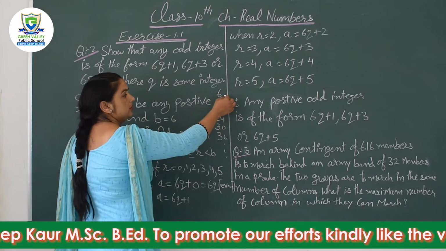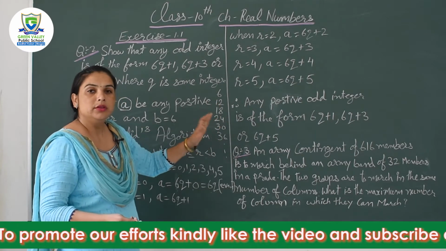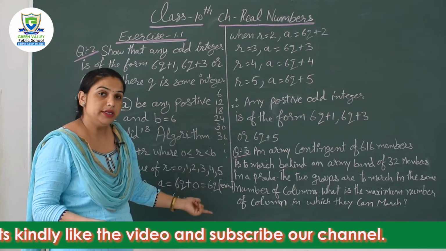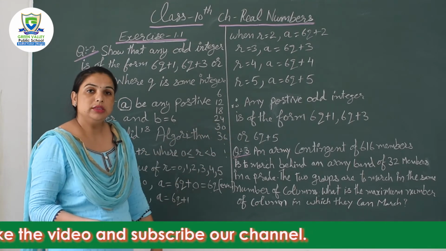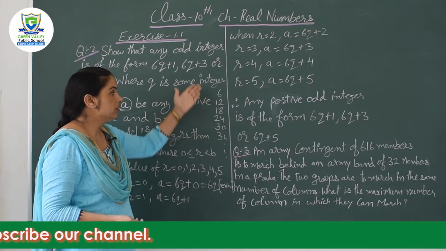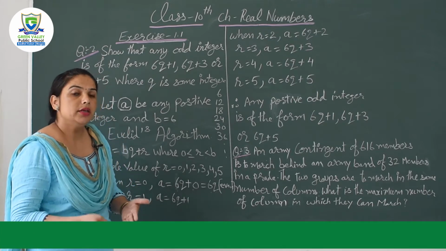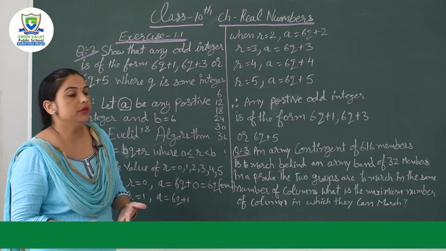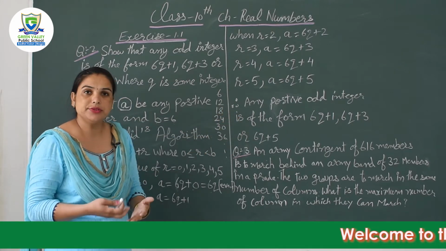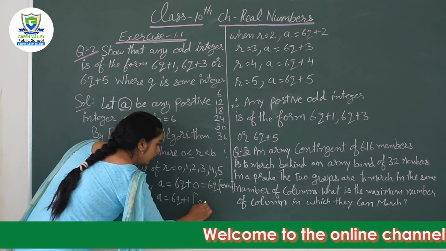If I add 1 to 6, it will become 7. 12 plus 1 is 13. 18 plus 1 will be 19. 24 plus 1 will be 25. It means for every multiple of 6, if we add 1 to that, it will become an odd number. Because we know 7, 13, 19, 25, these are odd numbers. So we can say this is odd.